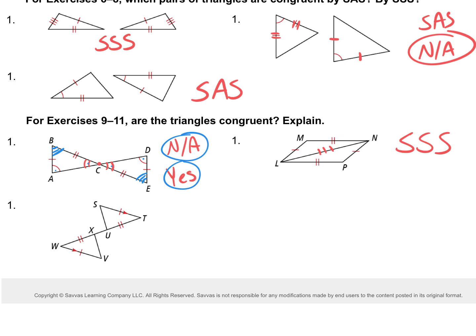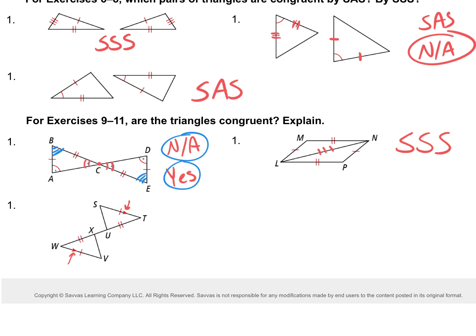And the last one. How are those triangles connected, or are they? What are you saying about those 2? What else does it tell us about these 2 triangles? They're parallel.